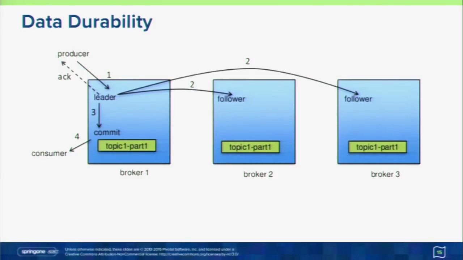Kafka makes sure that the data is replicated properly and committed from the leader's perspective before any consumer could see the data. And then, if you set acknowledgement to all replicas, the producer will also get a response: hey, I've got your data. So this is the flow from the data durability perspective.